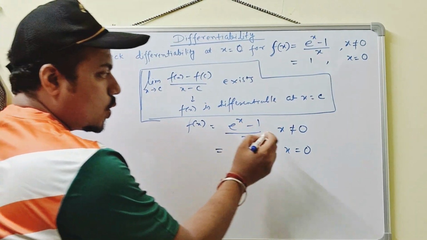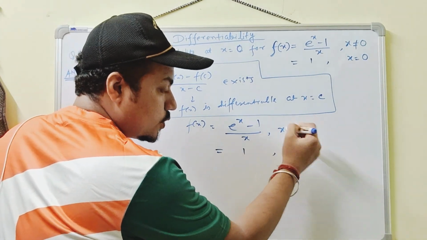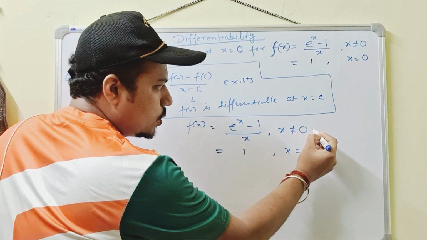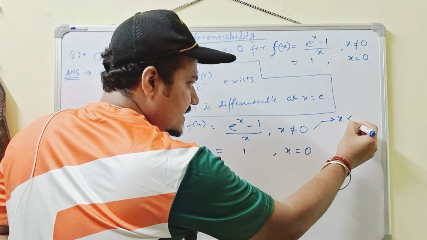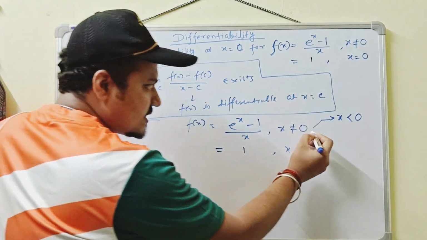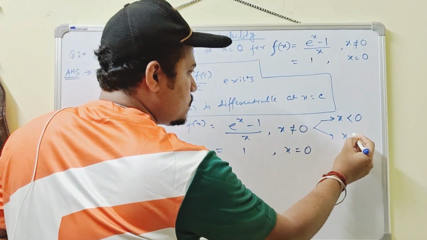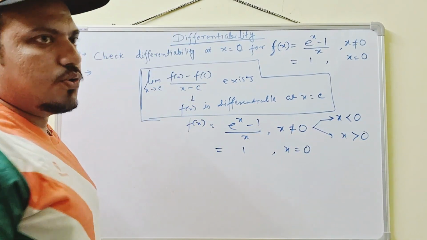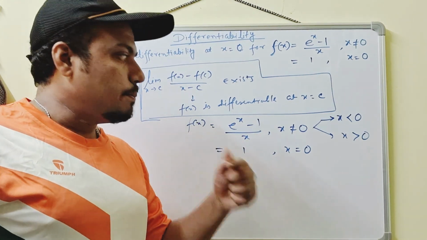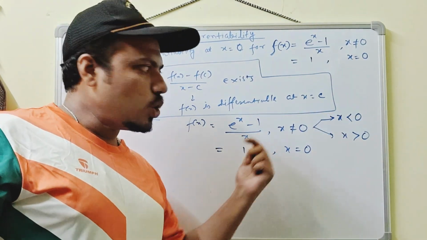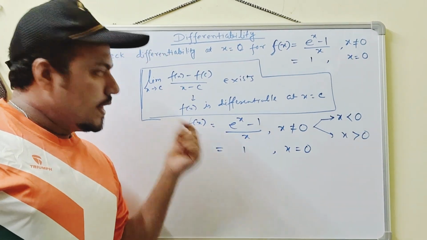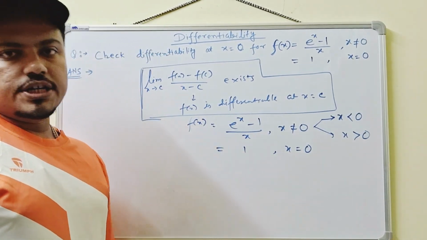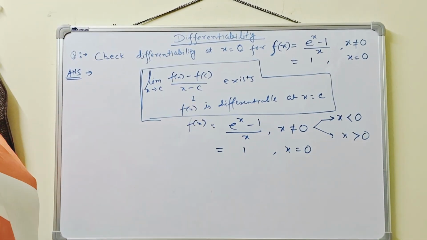What do you mean by x not equal to 0? That suggests x is less than 0, or it is also possible that x is greater than 0. As well as when x equal to 0, at that time the value of the function is 1.